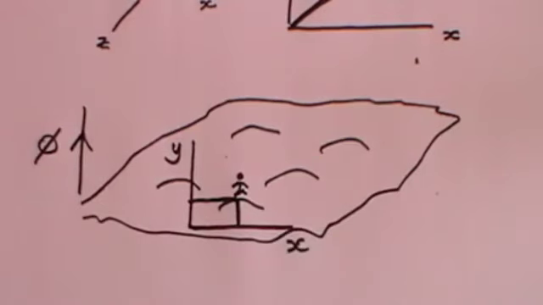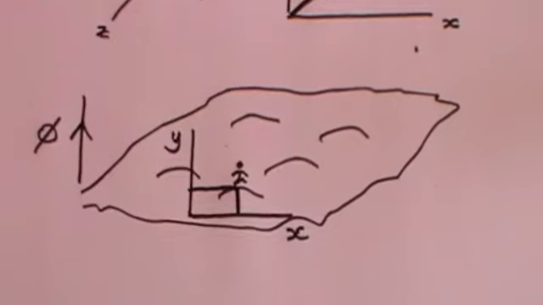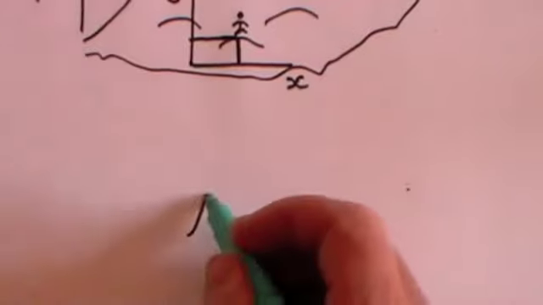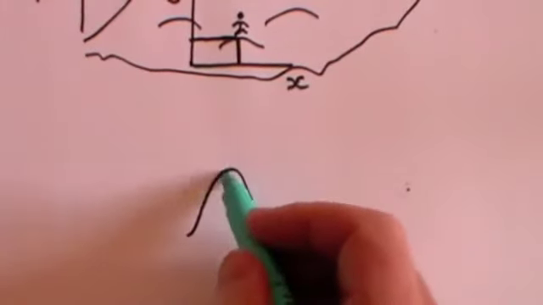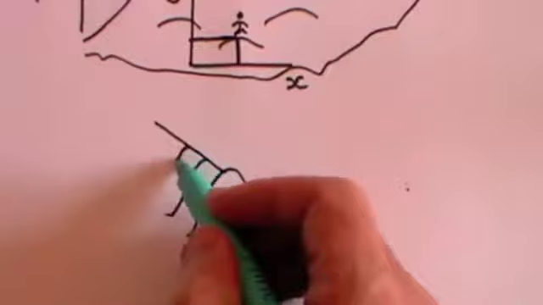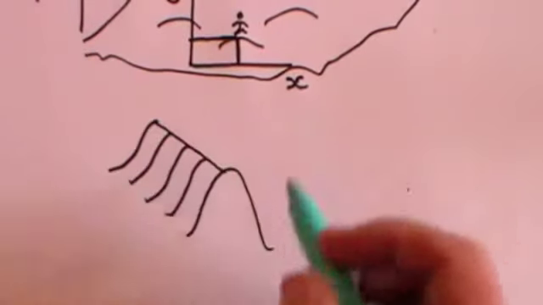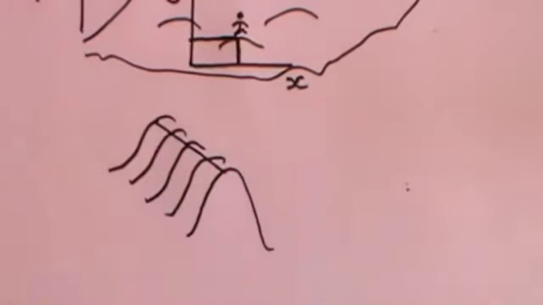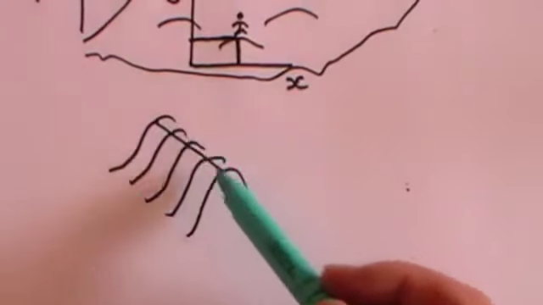The question I now want to ask is, how does that height change if I move a little bit? And you should immediately respond that it depends on which direction I move. The reason for that is, let's suppose that part of the field consists of a ridge. Now, a ridge is something where the slope goes down on one side and down on the other side, but along the top it's flat.